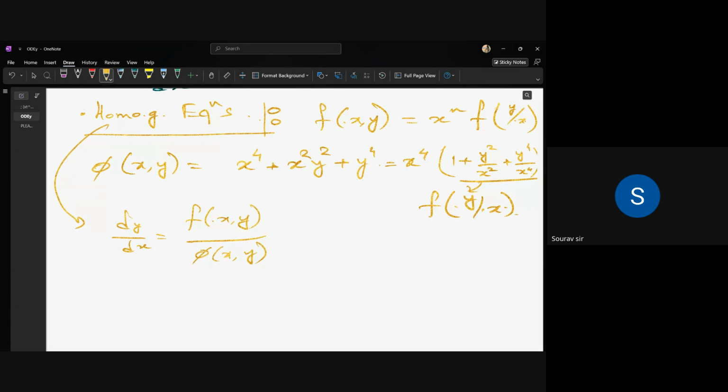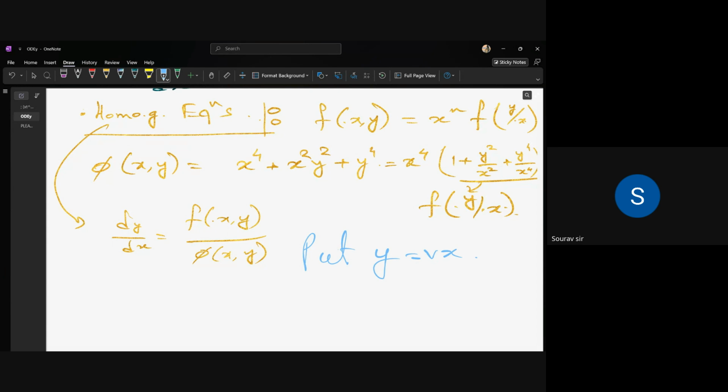To solve this equation, we have to do only one thing here. Always keep it in mind, and then we will get the result.